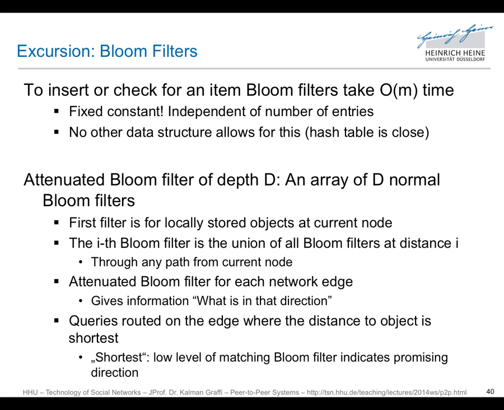So for the first level Bloom filter, you take the Bloom filters of all of your neighbors and you make the union out of it, so die Vereinigungsmenge, and this is the first level Bloom filter that you have. And for the second level, you take the first level Bloom filters of all of your neighbors, or the 0th level Bloom filters of all of your second-hop neighbors, and you also merge them, and that's your second level Bloom filter. So the ith Bloom filter is always the union of all Bloom filters at distance i.